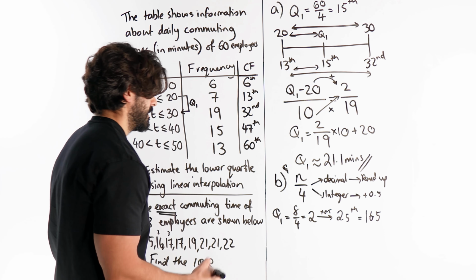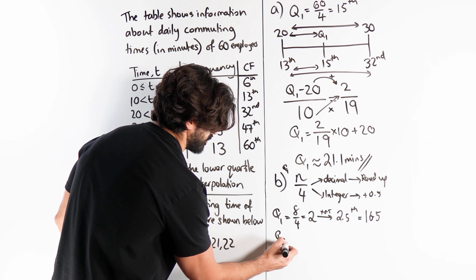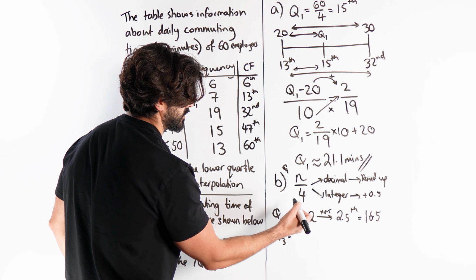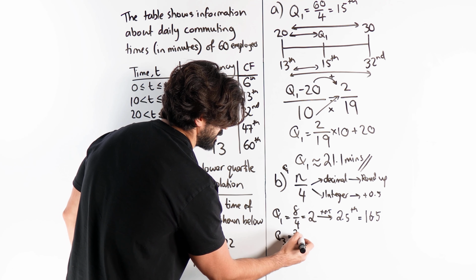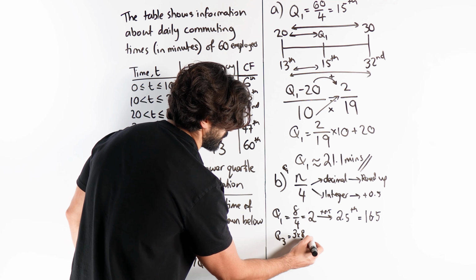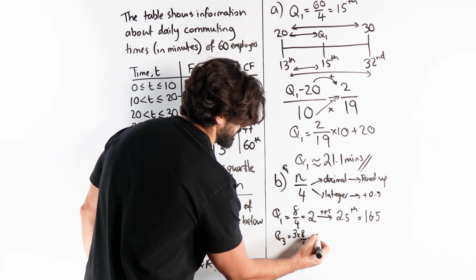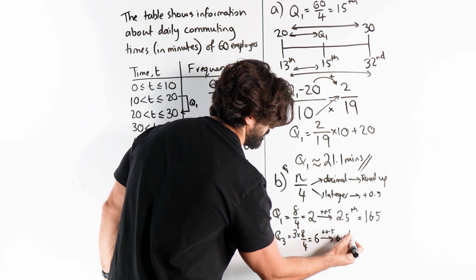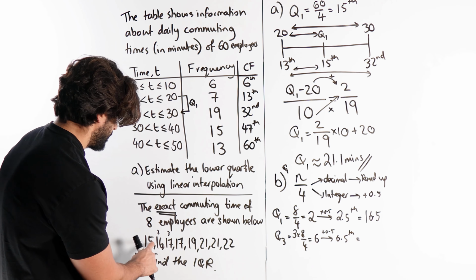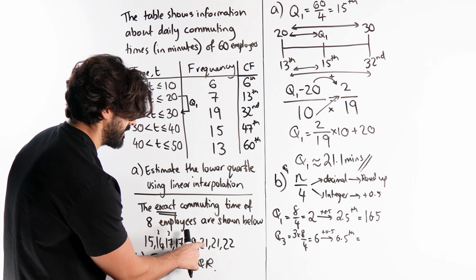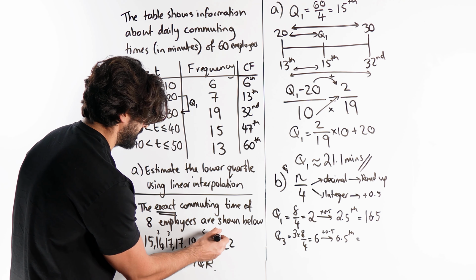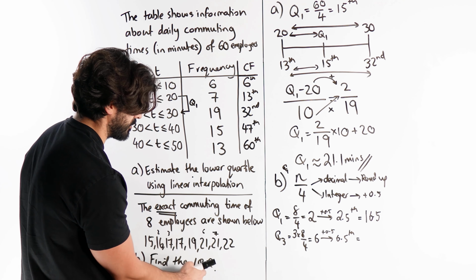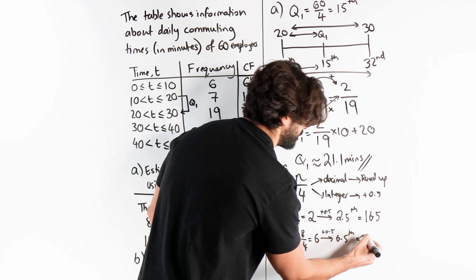For Q3, it's basically the same thing but times 3, so it's 3 times n over 4. That's 2 times 3, which is 6, and we add 0.5, which is 6.5. So we're looking for 6.5, in the middle between the 6th and 7th numbers. Between 21 and 21 is just 21.